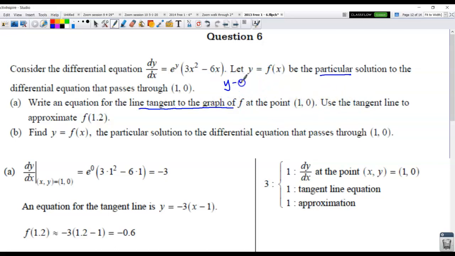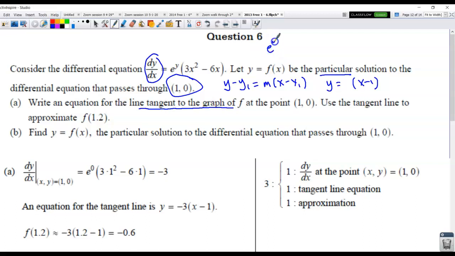So anytime we write the equation of a line, we begin with the point slope form of that line, and notice that they've already done basically 2/3 of the equation by giving us the point 1, 0. So we know we're going to have y minus 0 is equal to, I don't know the slope yet, times x minus 1. So now I'm going to need to compute the slope by using my slope generator of dy dx.